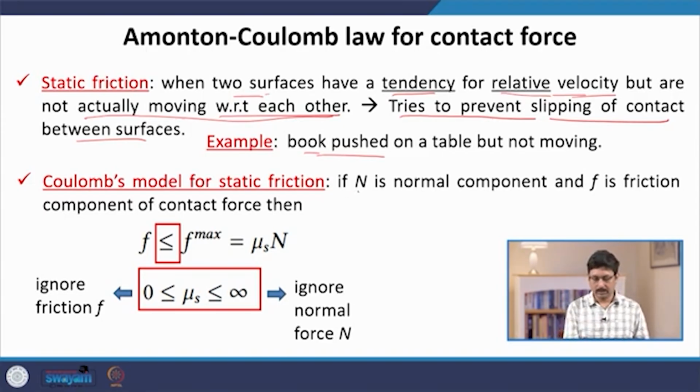As you know, it says that if N is the normal component and f is the frictional component, then this frictional force has a magnitude. This is the first part: the magnitude of the frictional force is not unique.